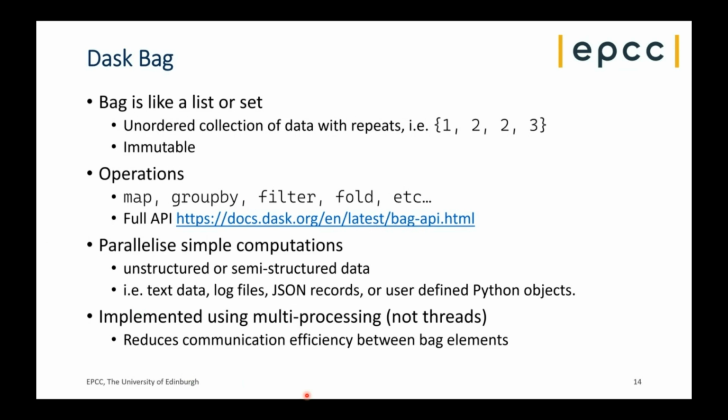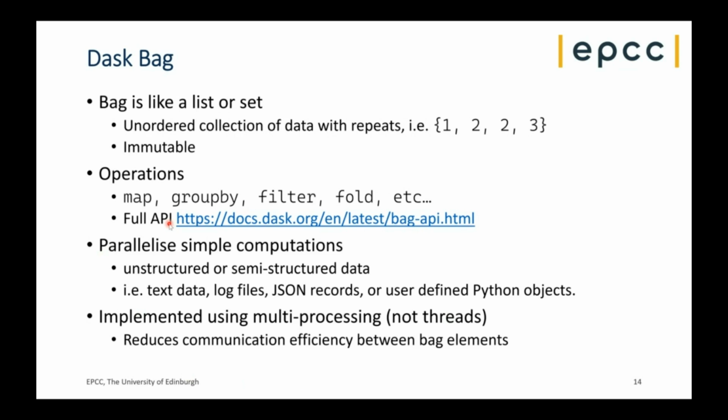So we have just been looking at the different Dask collections, or programming interfaces to simple data structures that Dask will provide you with. The final one is Dask bag, which is a bit more general, a bit less focused on existing functionality.